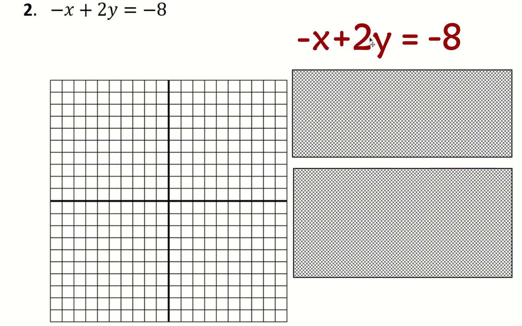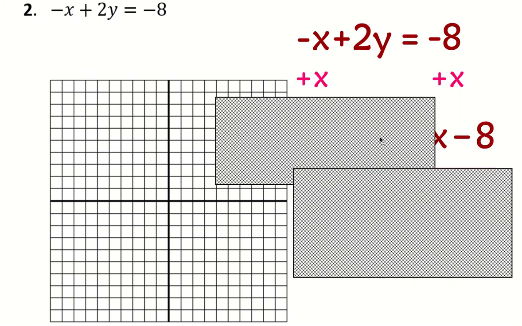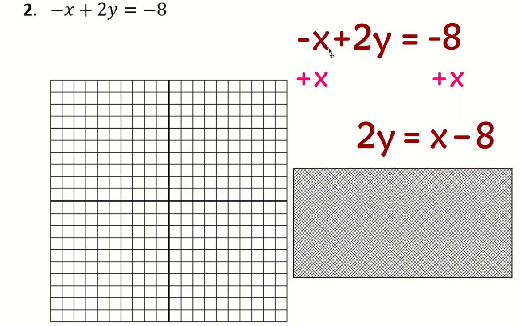So I think I just kind of rewrote down the original over here where you have room to work your way down. And so the first thing I would do is I would move this term to the other side by adding x to both sides. That leaves 2y left over on this side.